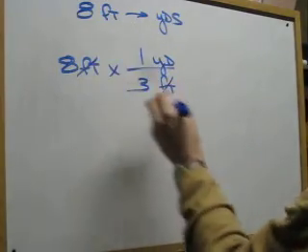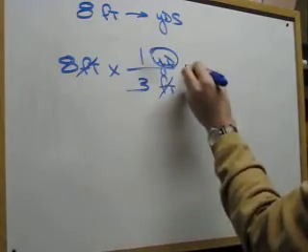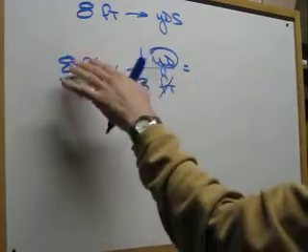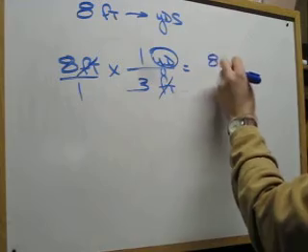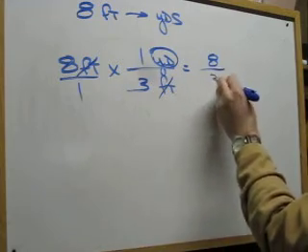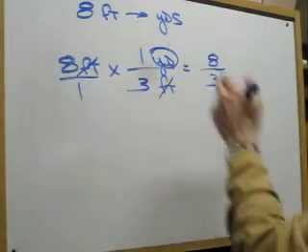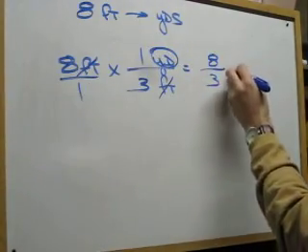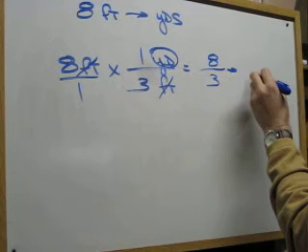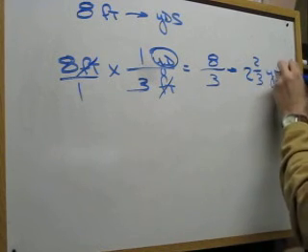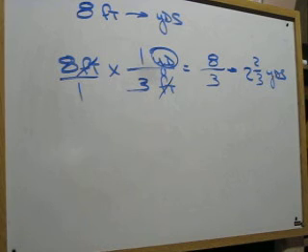We cancel. We are left with yards. That's what we're looking for. We write this as a fraction just to make sure we multiply the 8 times the 1 on the top and the 1 times the 3 on the bottom. So as far as how many yards there are in 8 feet, there are 8/3, and if you change that to a mixed number, you get 2 2/3 yards in 8 feet.